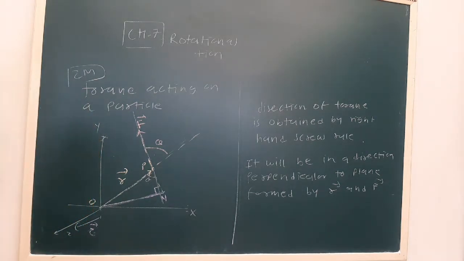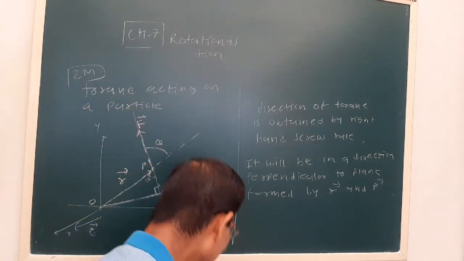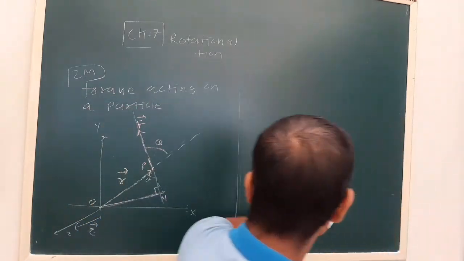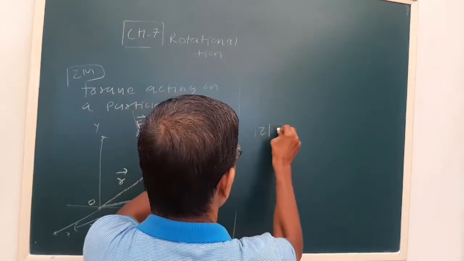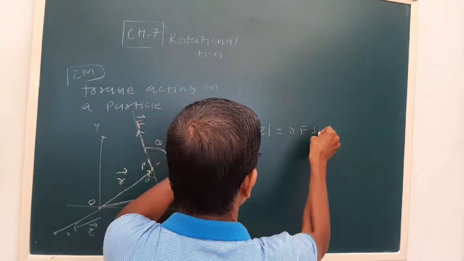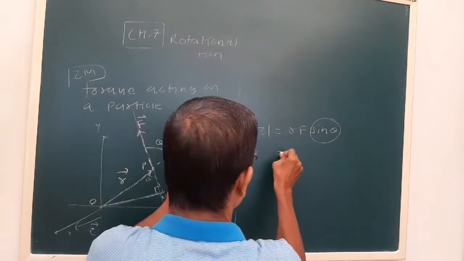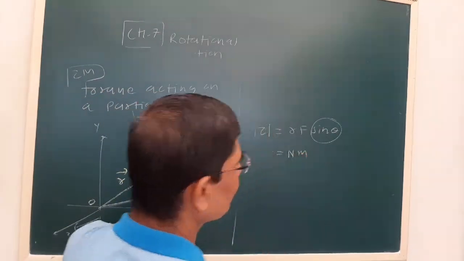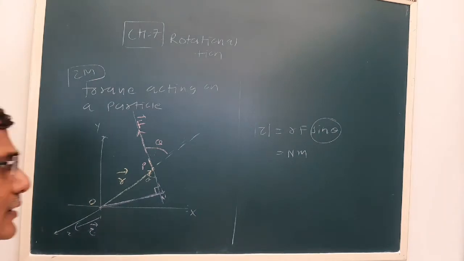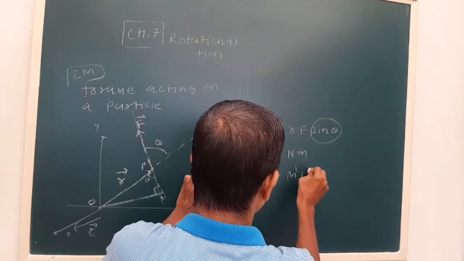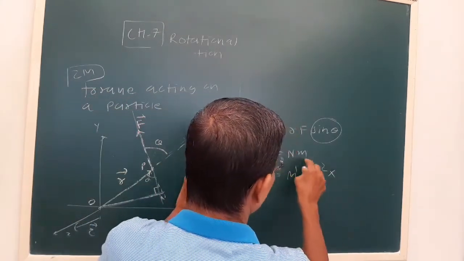So now unit and dimension. Torque is r cross f. Theta is dimensionless. Force is in Newton. Displacement or a perpendicular distance is meter. Now Newton meter. Newton dimension is M1 L1 T minus 2. Meter is L1.